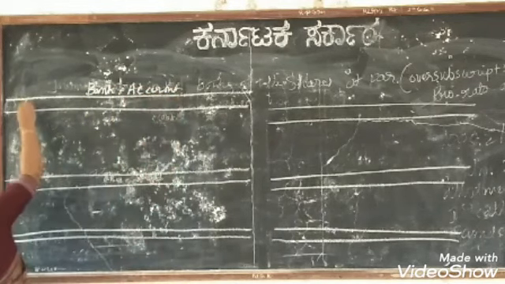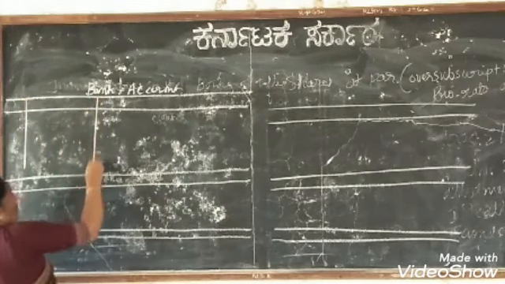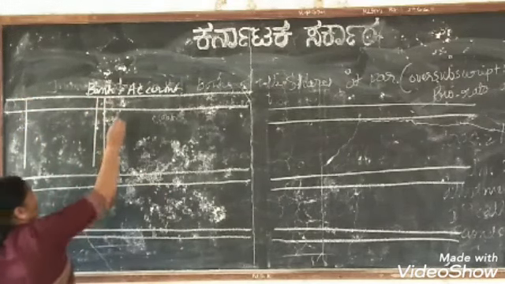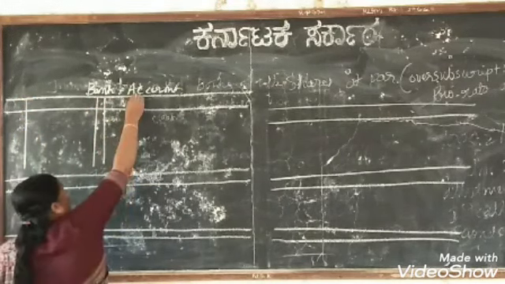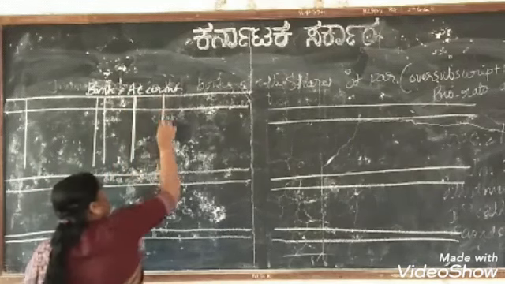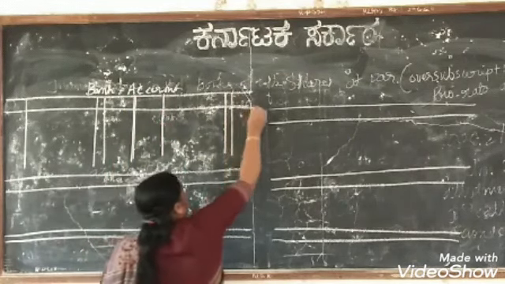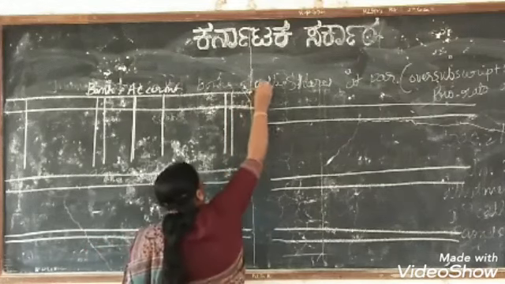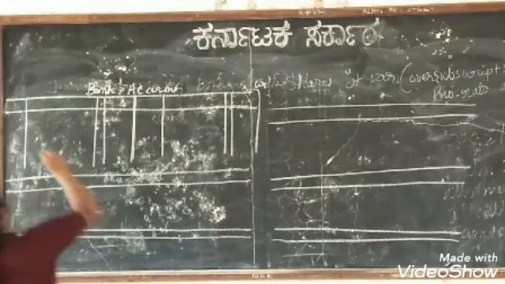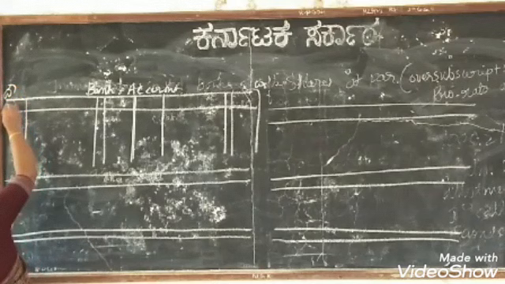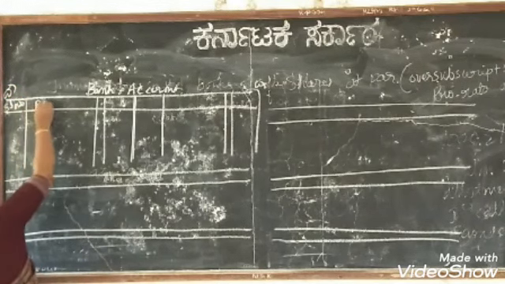So we'll write here, only one column head I write, the rest you can write: serial number, particulars.